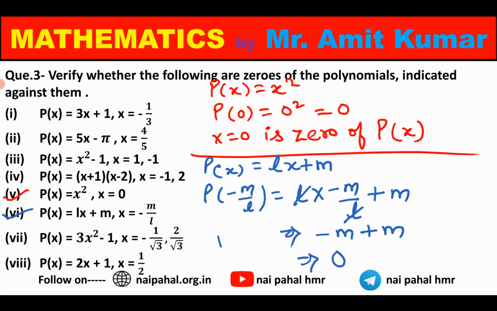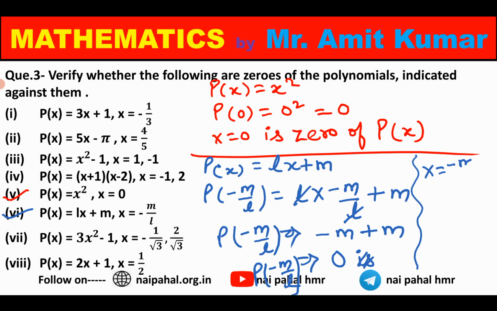So you can write for it also that P of minus m upon L is 0, where you can write x is equal to minus m upon L is a zero of Px.